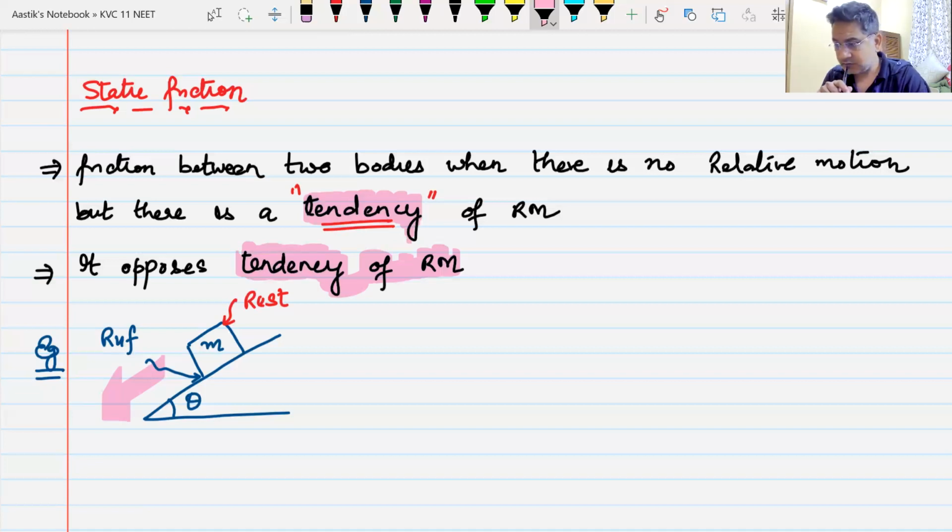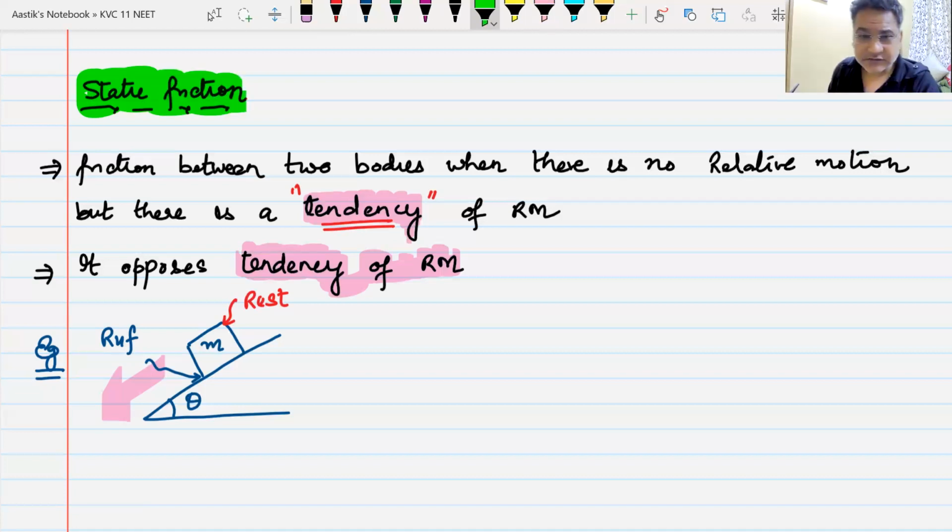Static friction. Yes, it is not moving down. Someone is stopping it, and that something which is stopping it is static friction. So static friction comes into the picture when there is no relative motion, but there is a tendency of relative motion.